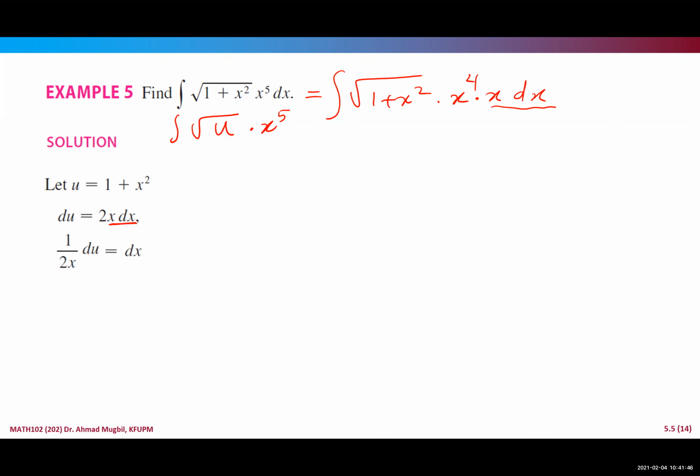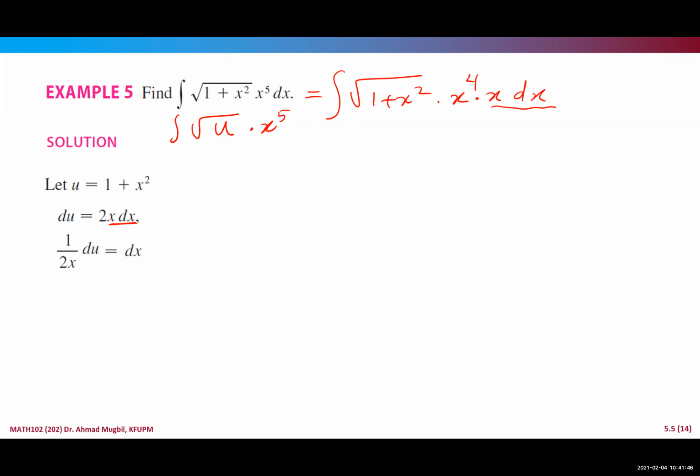The problem is that we still have x, and this is not good, because u depends on x, and du depends on dx, so we cannot integrate. We should have it as a function of u, f of u, not of x.